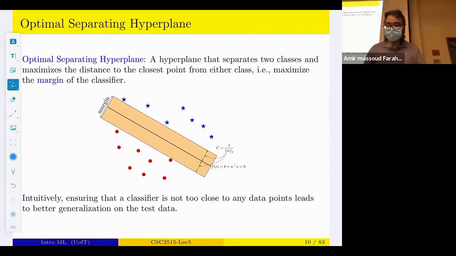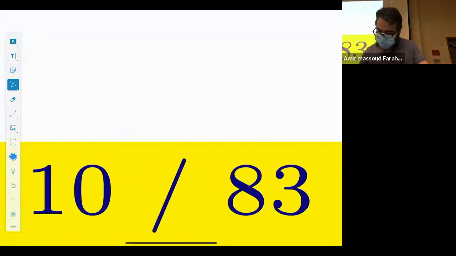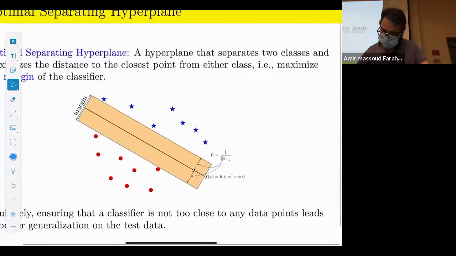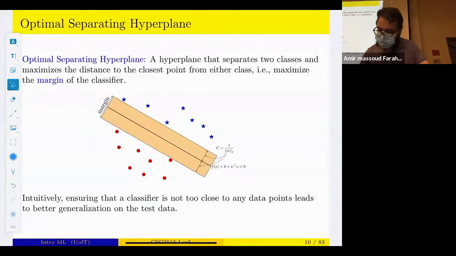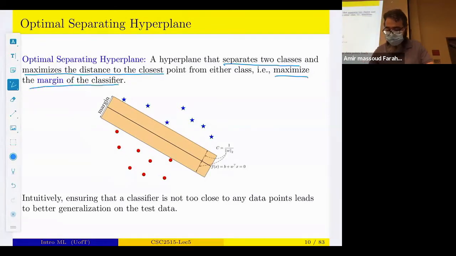The optimal separating hyperplane is a hyperplane that separates two classes and maximizes, and that's the important thing, the distance to the closest point from either class. In other words, it maximizes the margin of the classifier.